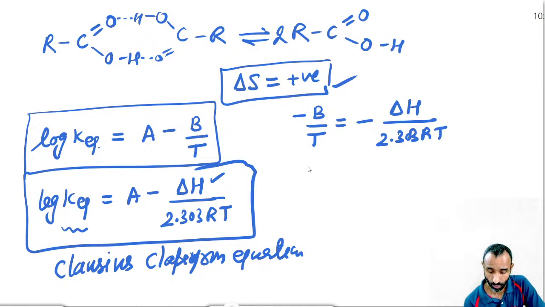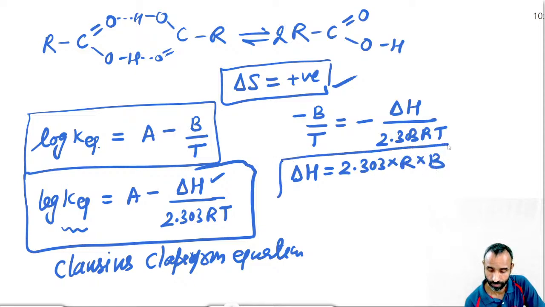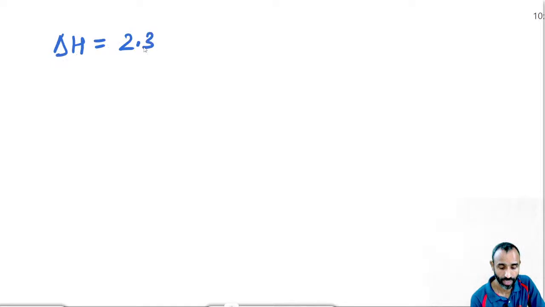So now delta H is equal to 2.303 into R into B. Delta H is in calories, so what is the value of R in calories?